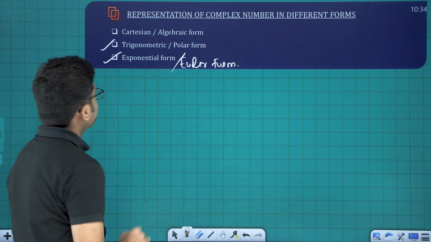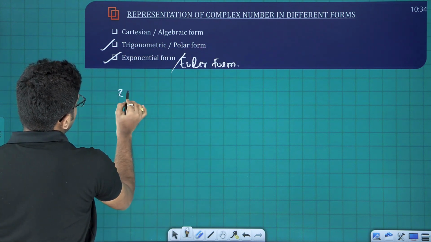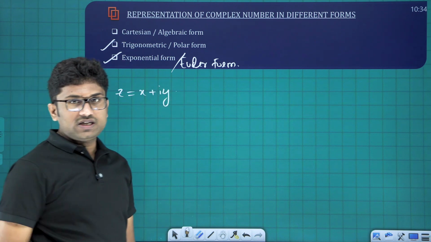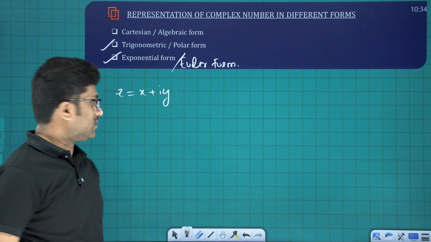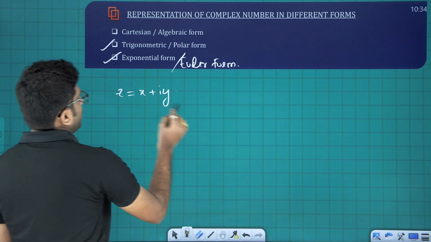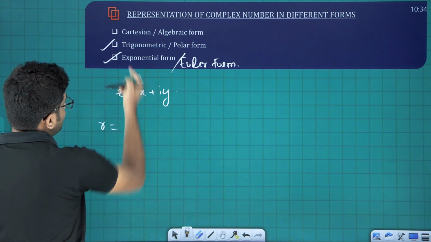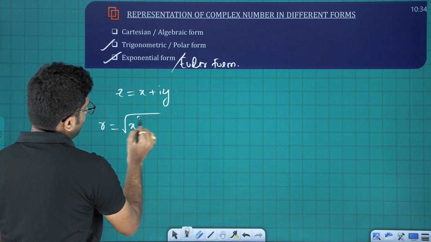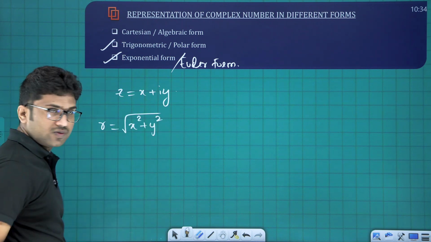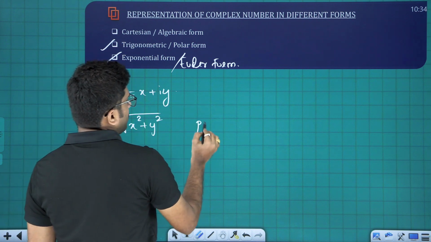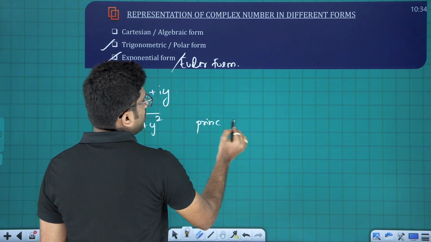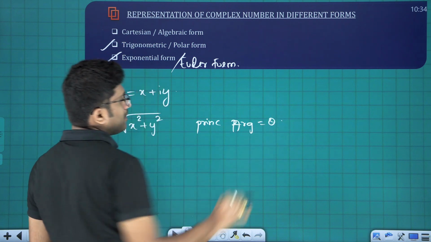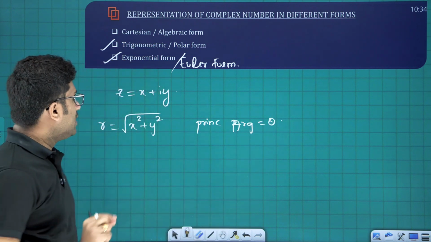Now first, Cartesian form. Let z equals x plus iy be any complex number, friends. Next, to express it in trigonometric or polar form, we find r. R is the modulus of the complex number, root over x square plus y square. And let theta be the principal argument.